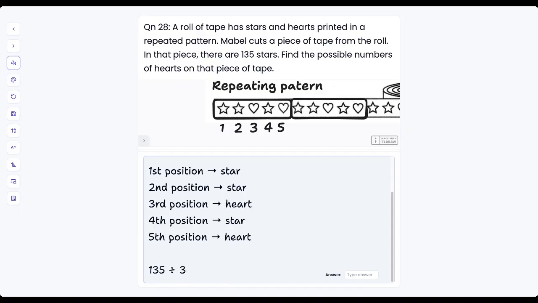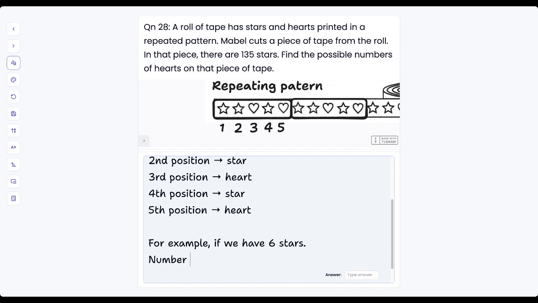For example, if we have 6 stars, that means the number of repeating pattern groups is equal to 6 divided by 2, which is equal to 3. So you see, you count 1, 2, 3 stars, 1, 2, 3 stars.